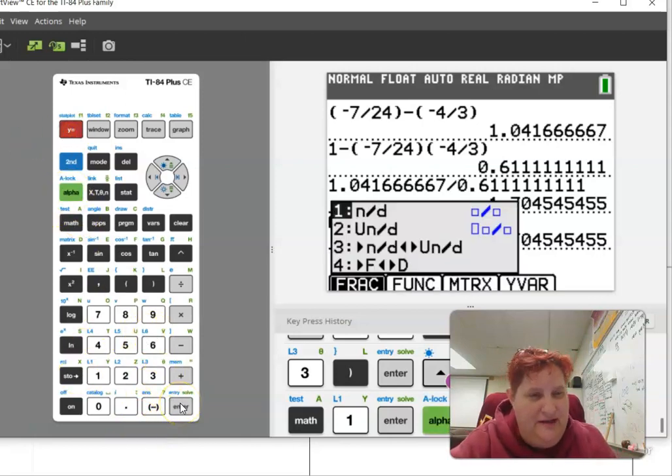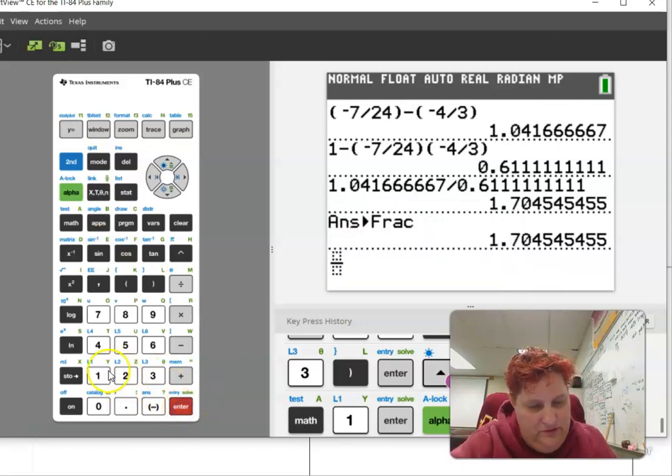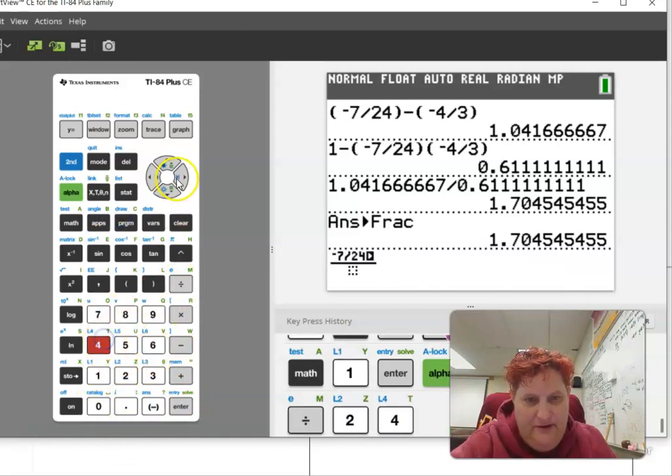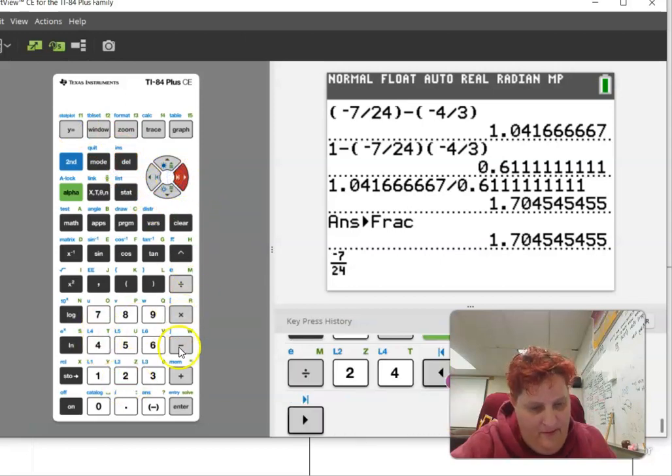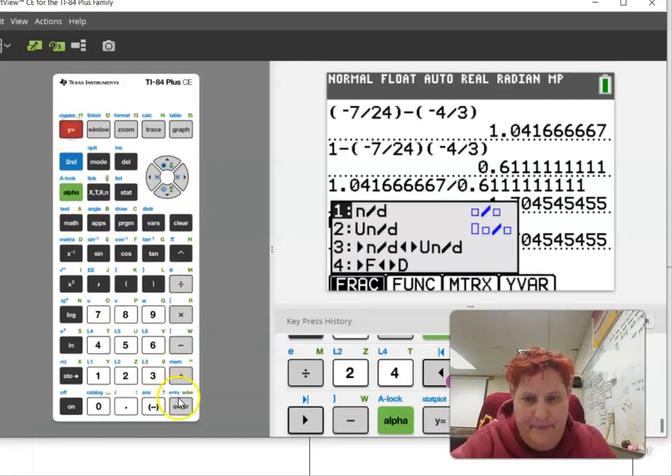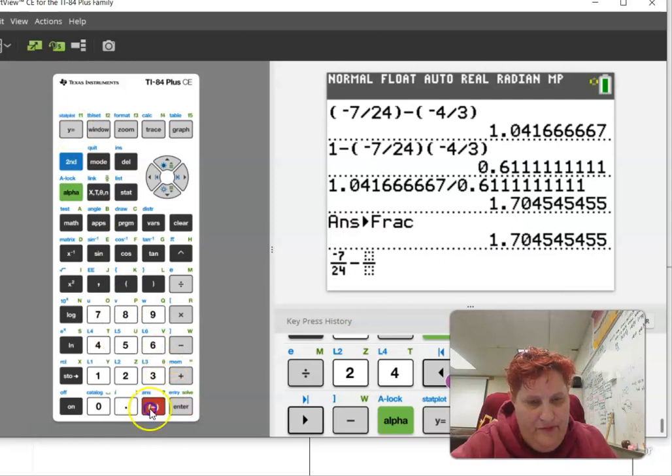You could put a decimal and you'll probably get at least most of the credit on that problem. Otherwise, we're going to alpha y equals, okay, let me do it this way. Negative 7 over 24. I think it's just rounding too much. Whoops, I did not mean to do that. I always do that. Negative 7 over 24 minus negative 4 over 3.